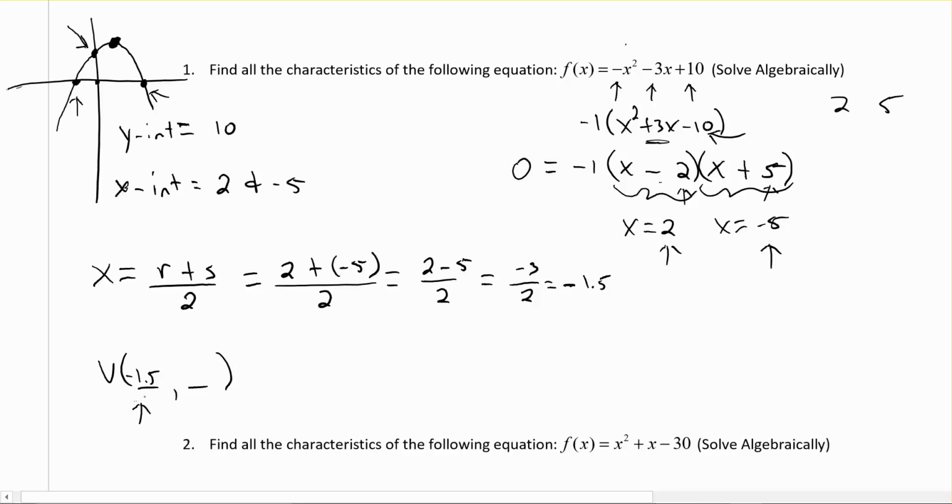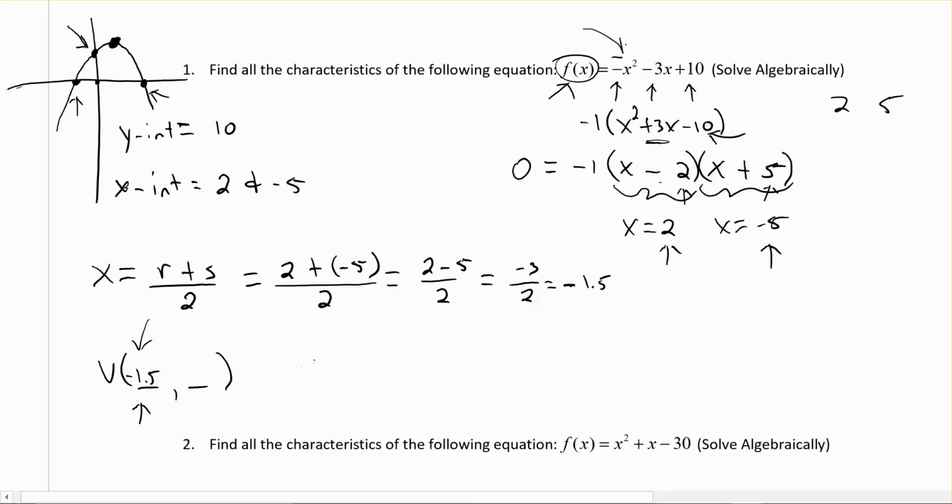And then last thing you need to do is go to our original equation. That's the x value, right? So if I put that into my function up here, then it's going to pop out a y value for me. Remember, f of x is just another way of writing y, as far as we're concerned.